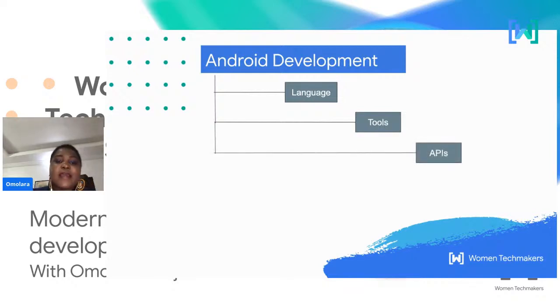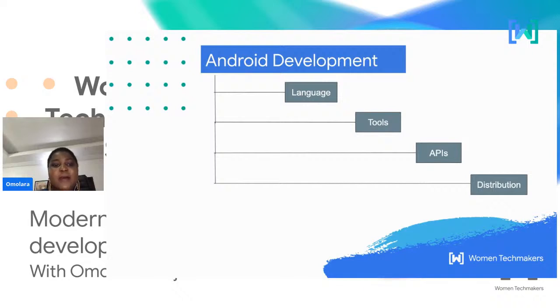Then we talked about APIs and the things that have made development easy right now: Jetpack Compose, constraint layout, navigation editor, Room, LiveData, ViewModel, and the likes. You can definitely check more on Android's developer documentation. Then we talked about distribution, comparing APK and Android app bundles. So that's how things have changed since the beginning of Android development to what we have right now in 2020.